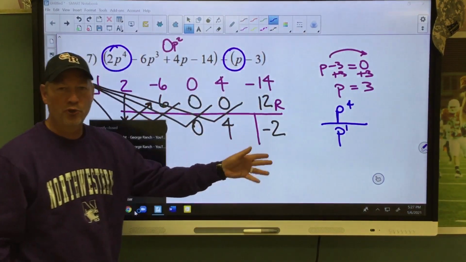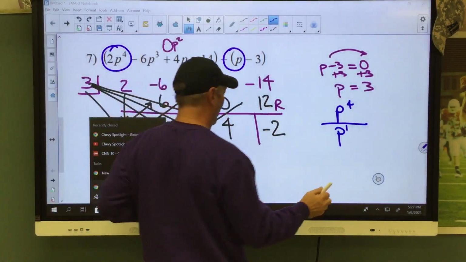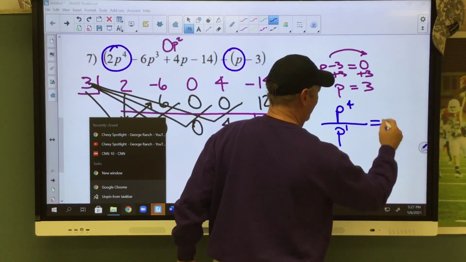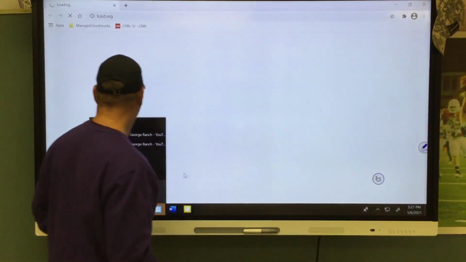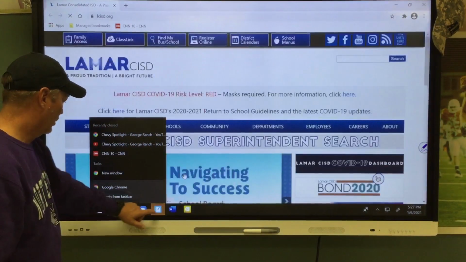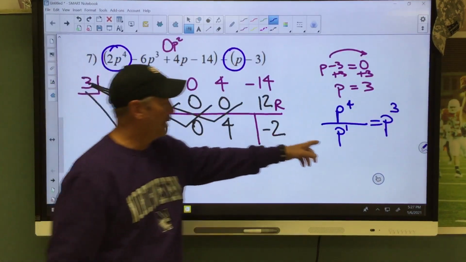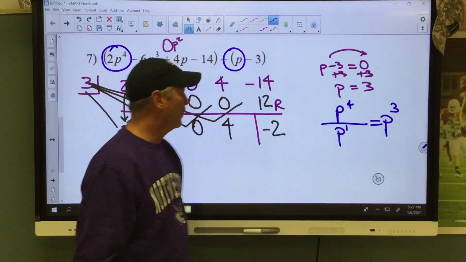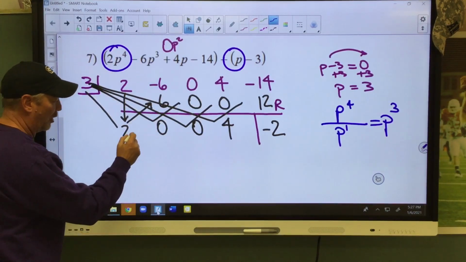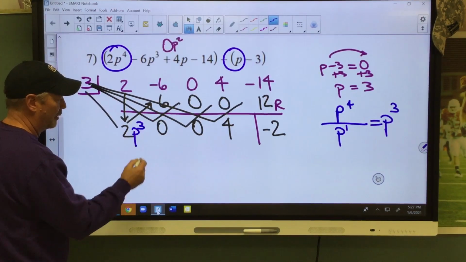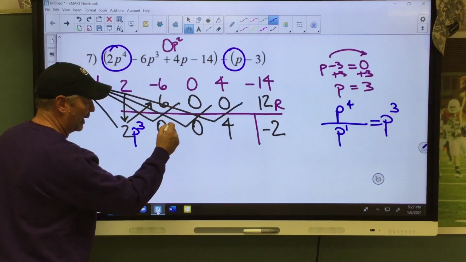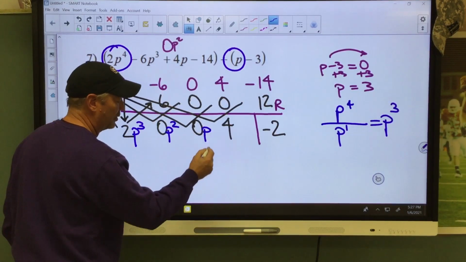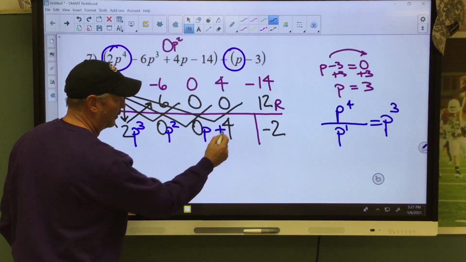And when you reduce that, you're going to end up with p to the 3rd. Sorry about that, new board. Okay, so we're going to start with p to the 3rd plus p to the 2nd plus p to the 1st plus 4.